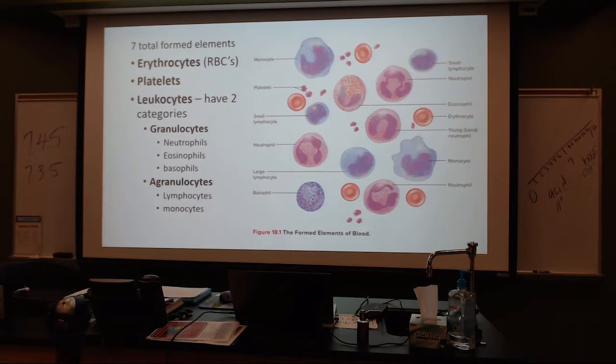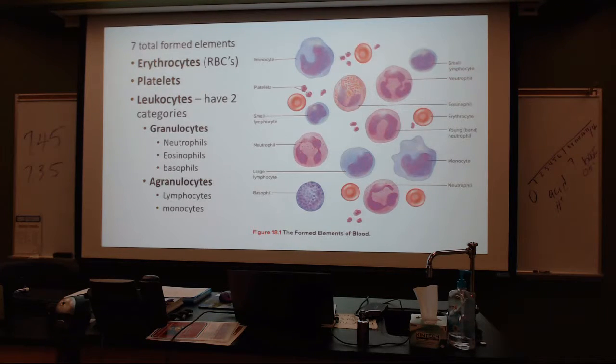At the time these categories were made, the ability to view the cells is not as great as it is now. They all have granules. But in the beginning, we couldn't see all of the granules.